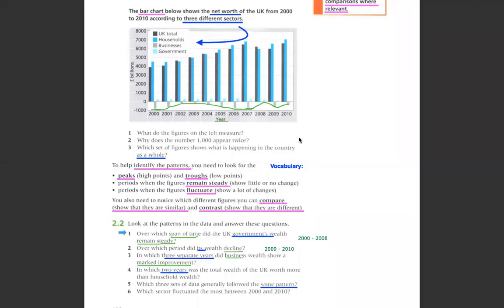So it was low and then it made a sharp increase. Which 3 separate years? So look for the points in the graph, in the line that I just drew, where it goes up.